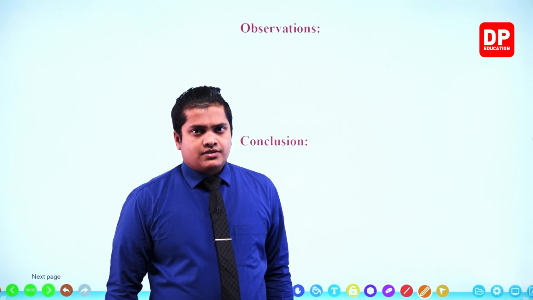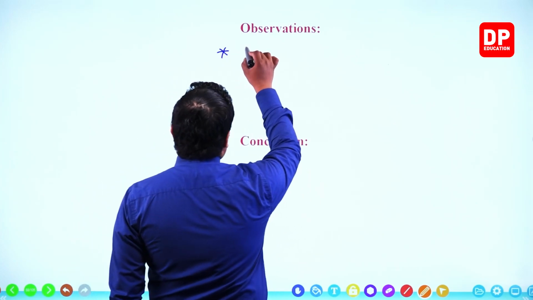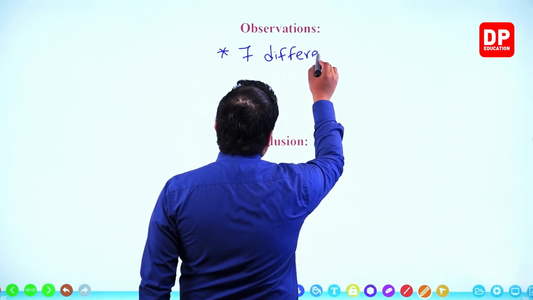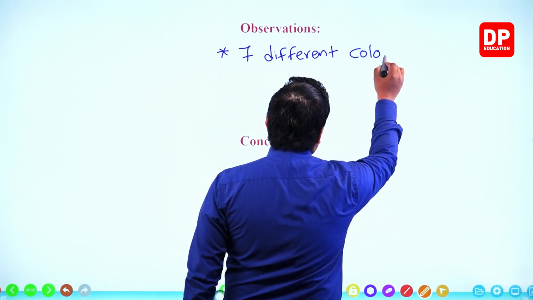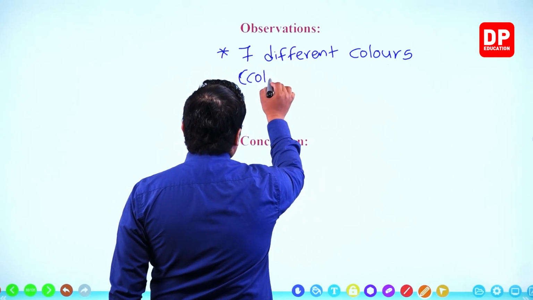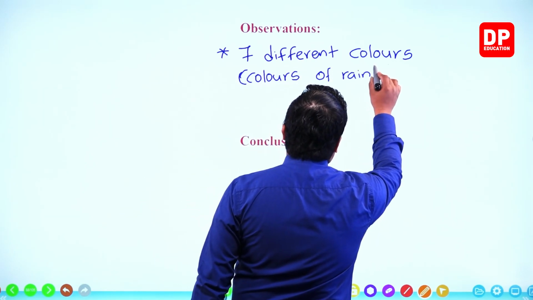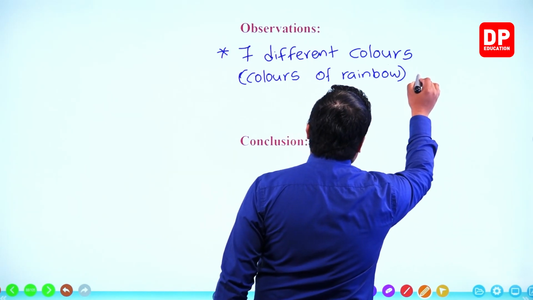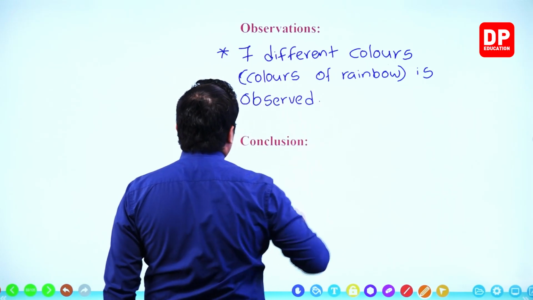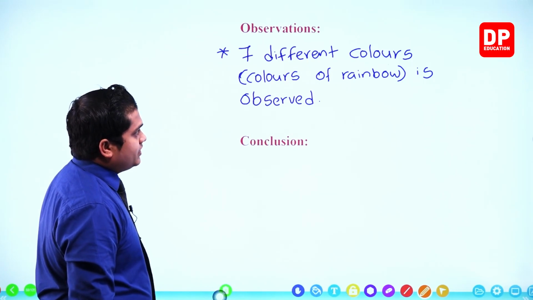Right then, we'll write down our observation: 7 different colors, that means colors of the rainbow, is observed.